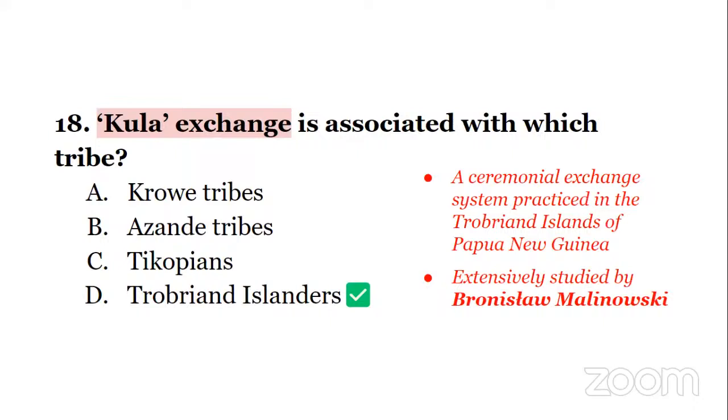The Kula exchange is related to the Trobriand Islanders, and this ceremony was extensively studied by Bronislaw Malinowski. It is a ceremonial, traditional exchange system practiced in the Trobriand Islands of Papua New Guinea.